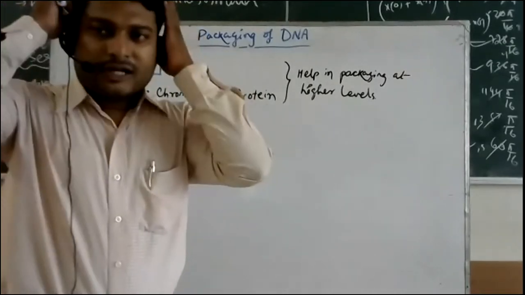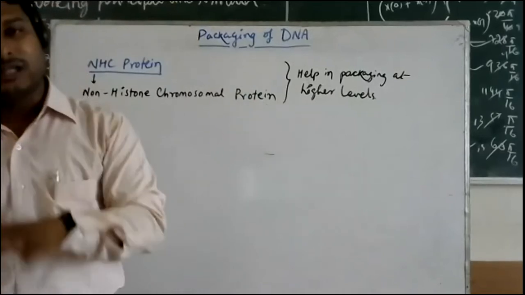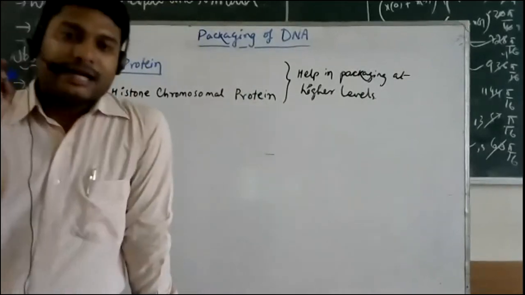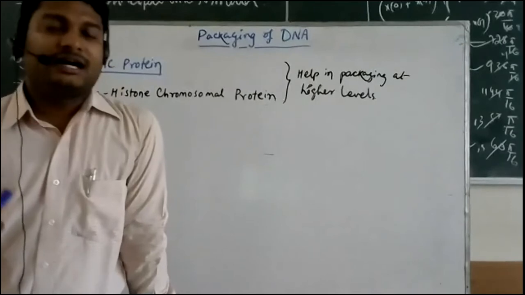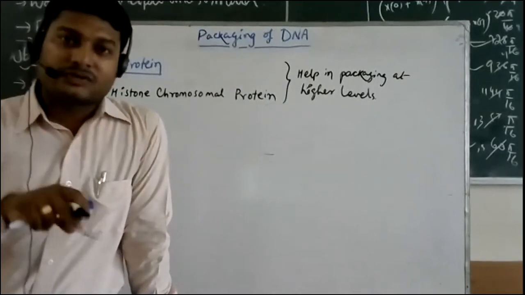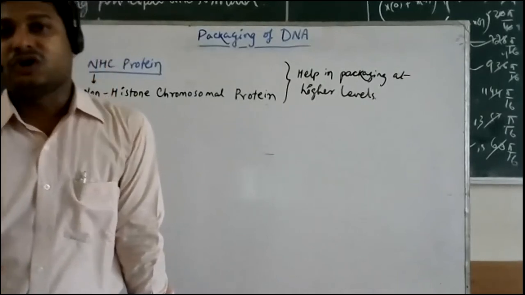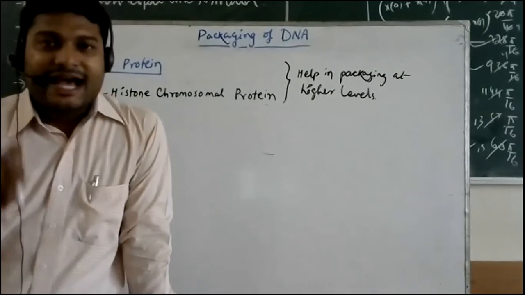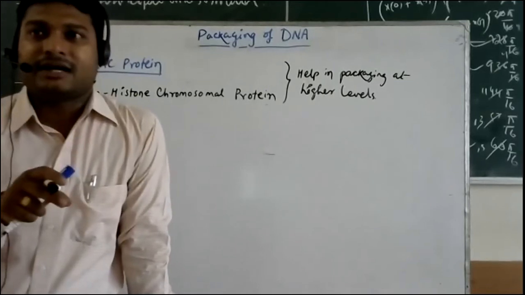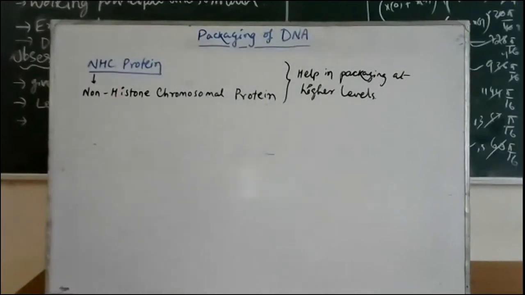So for the entire DNA to get compact and to fit into the nucleus, we require the NHC protein as well as the histone protein. So never have the confusion that it is only the histone that is helping in compaction or packaging. It is both the histone protein as well as the NHC protein that is helping in the entire process. Okay. So let us move.